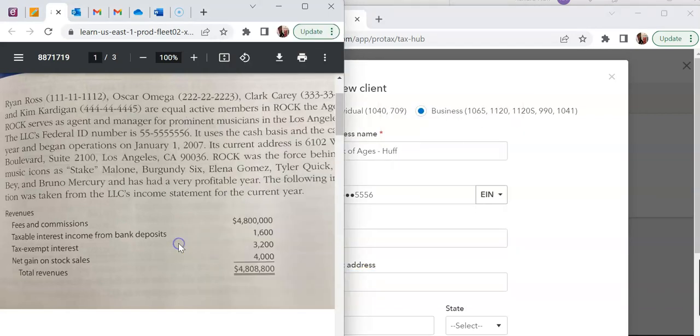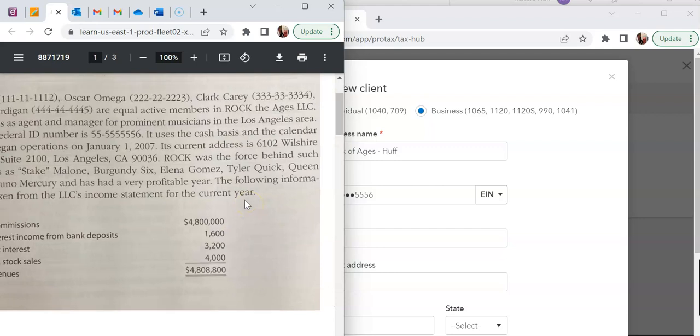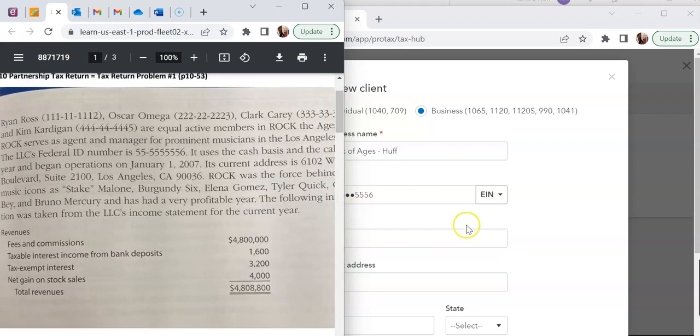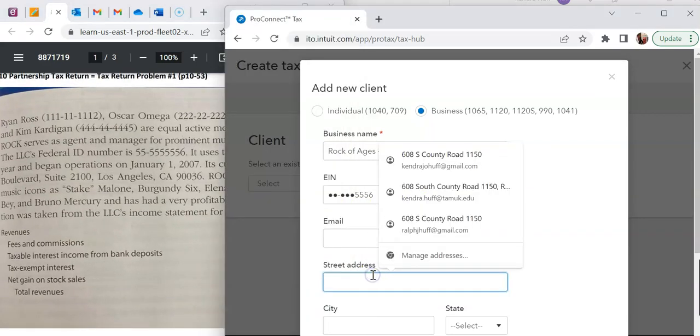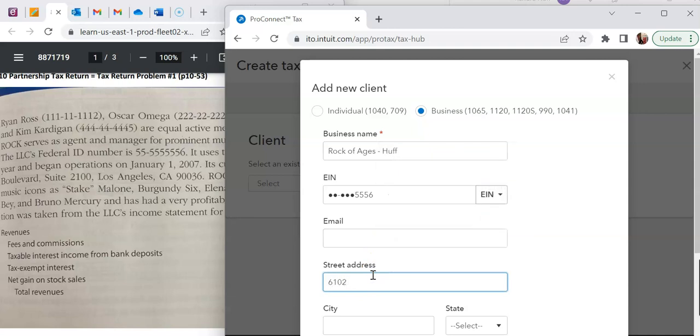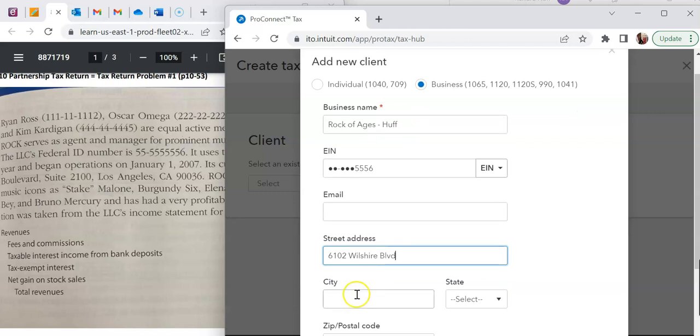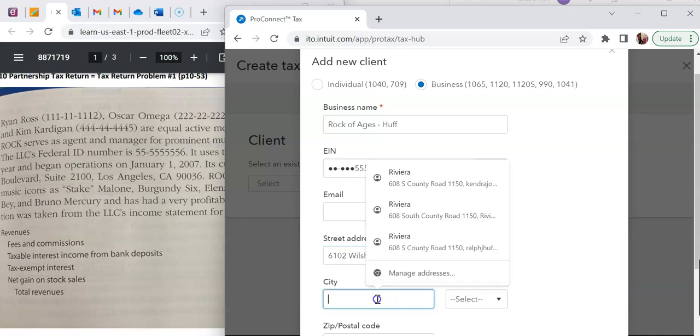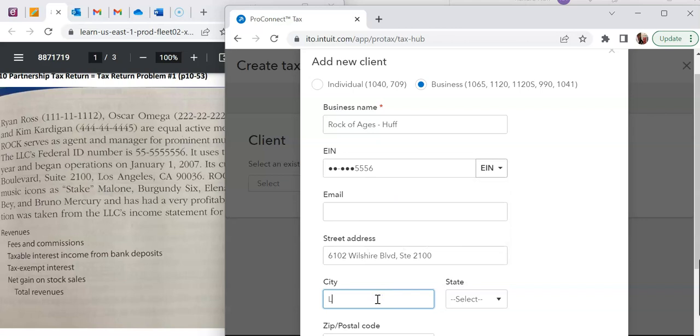We have an address. 6102 Wilshire Boulevard, Suite 2100, Los Angeles.